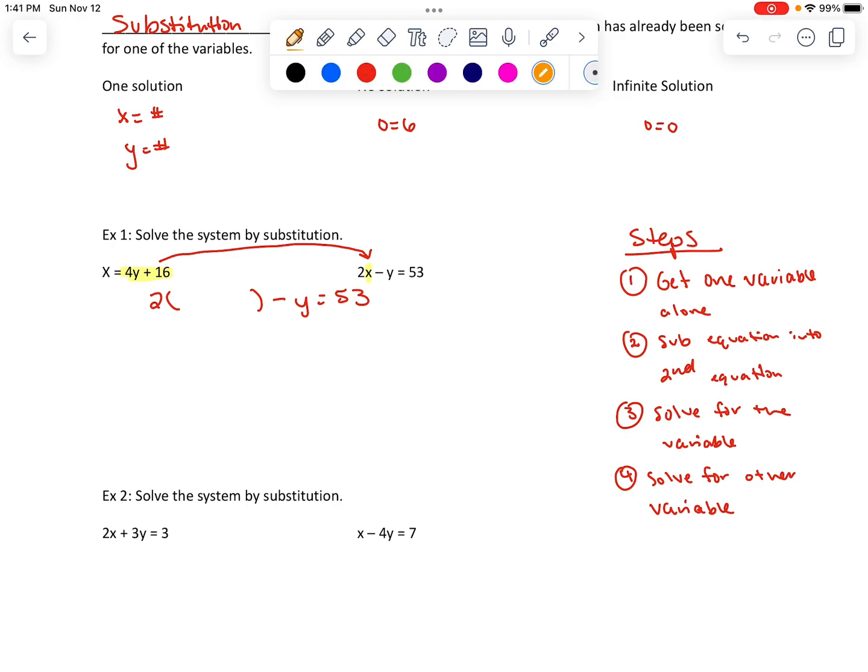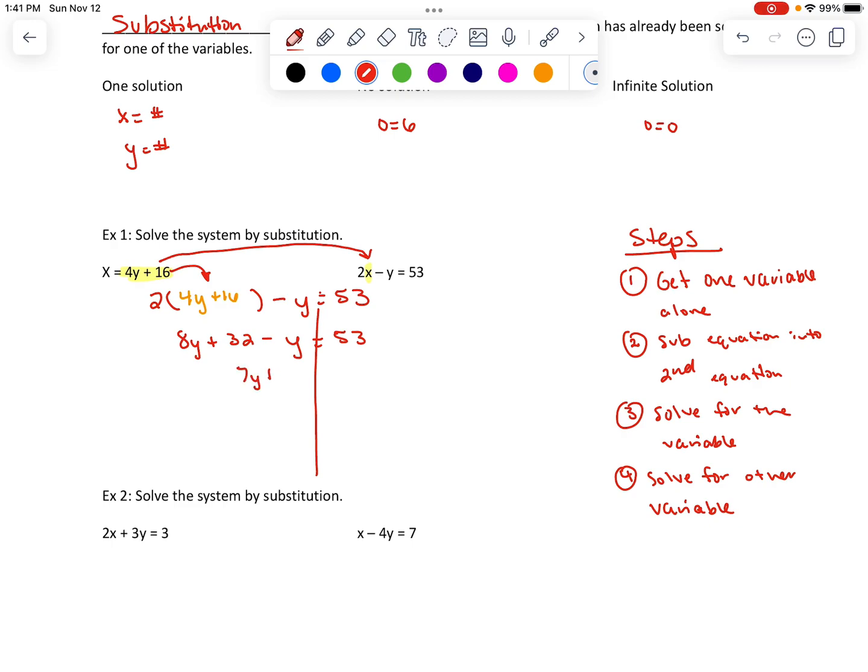So we're going to opt this out for 4y plus 16. Now I only have a y variable in there, so I'm going to solve for y like I normally would, just like a regular equation. So I have 8y plus 32 minus y equals 53. Combine my y's together because they're like terms.